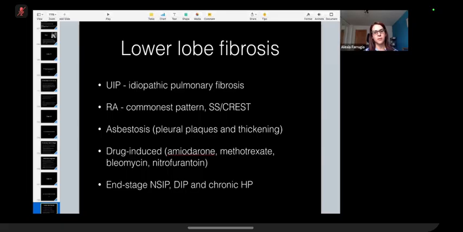If the patient is a cardiac patient on amiodarone, or on immunosuppressive therapy, methotrexate in particular, these can also give a lower lobe fibrotic picture, a drug-induced lower lobe fibrosis. Also if there is a history of known NSIP or DIP, desquamative interstitial pneumonitis, which happens in smokers, or chronic hypersensitivity pneumonitis, these can also develop lower lobe fibrosis as end stage.